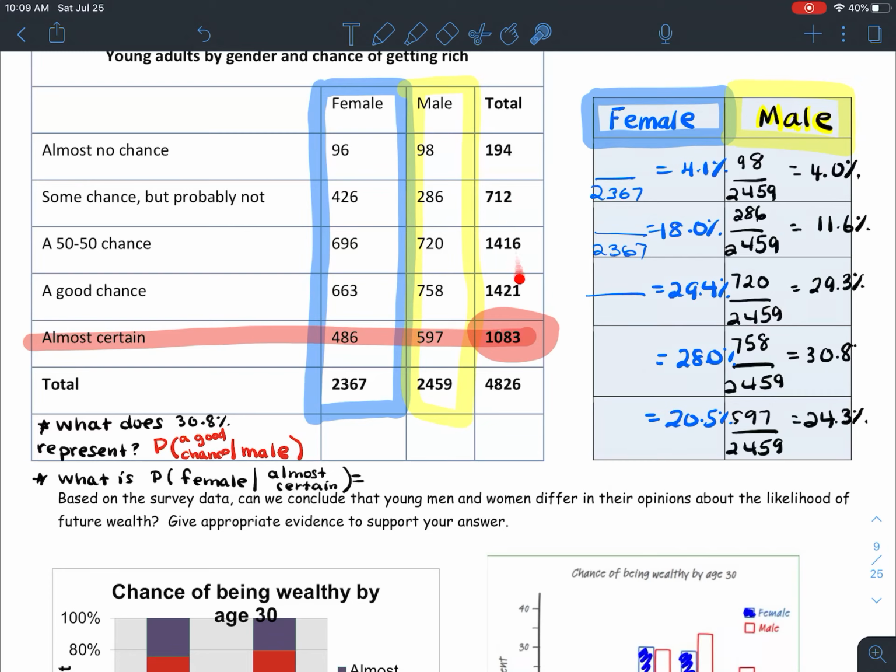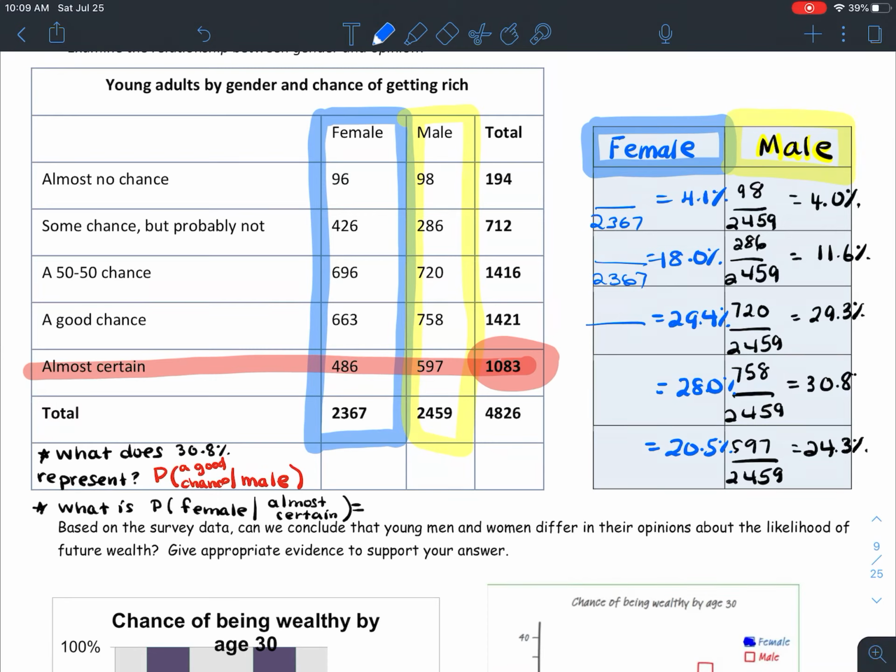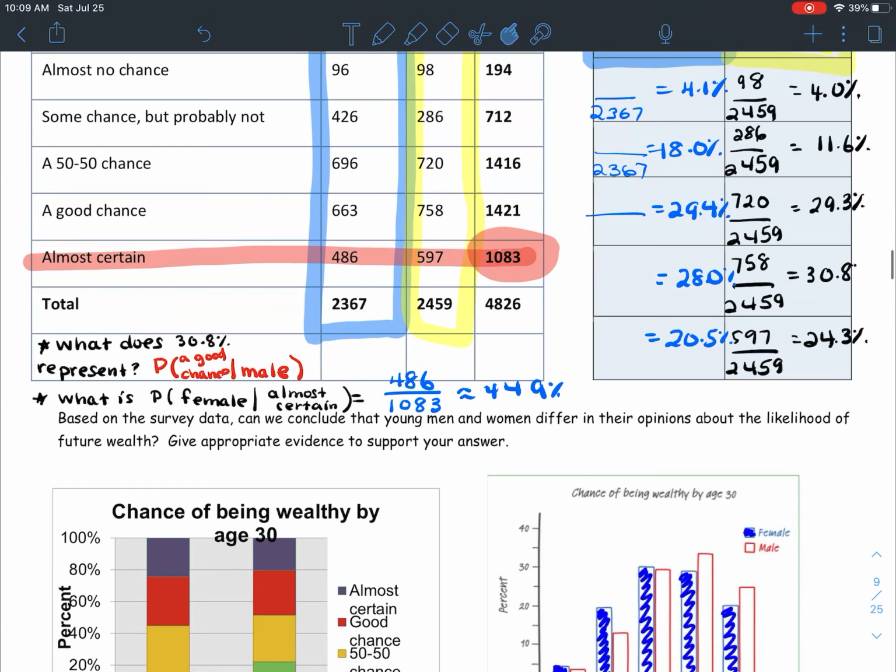So now I'm calculating a conditional distribution of gender among the responses. So given that someone said almost certain, now I'm talking about just those people, 1,083, what is the probability that someone was a female from that group? Well, 486 would go in my numerator, and that comes out to 44.9%.